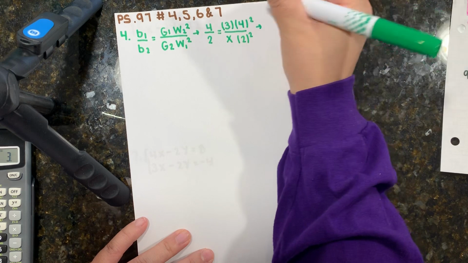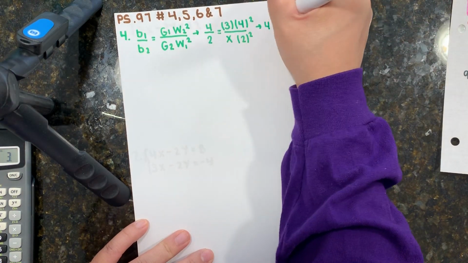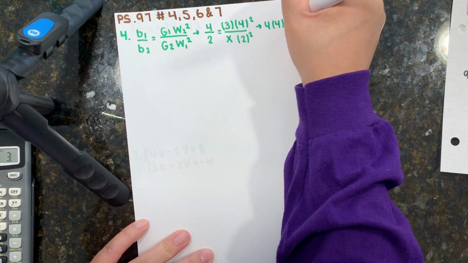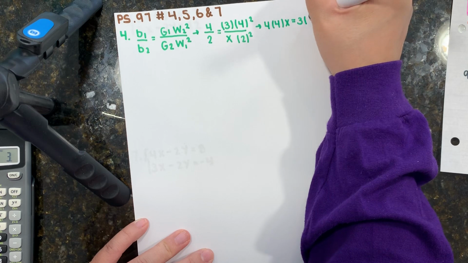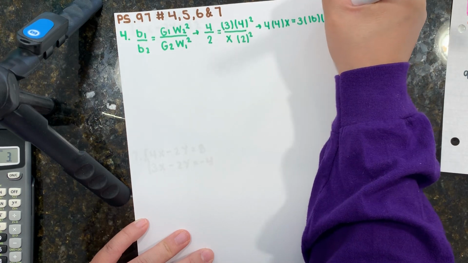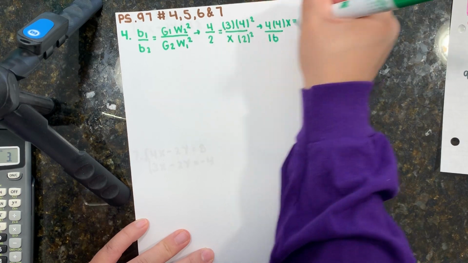So now when we cross multiply, I have 4 times 4 X is equal to 3 times 16 times 2, and then we're going to divide this by 4 times 4, which is 16.